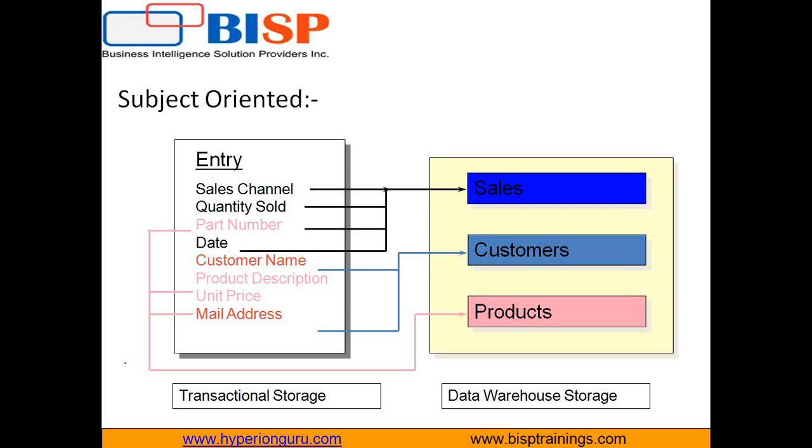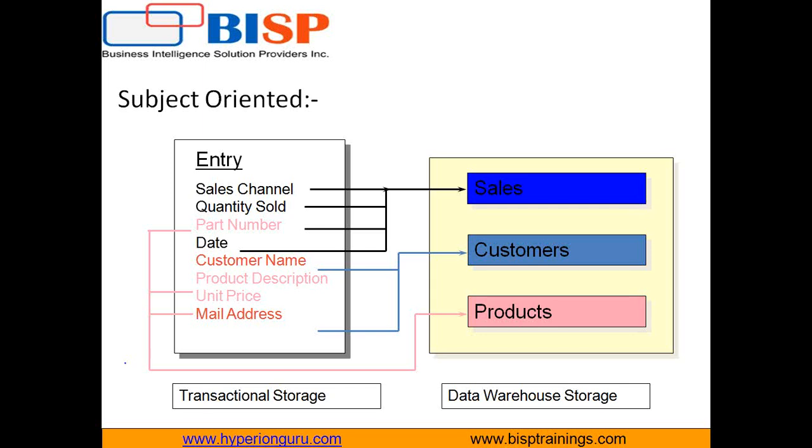Subject-oriented means you are classifying that information based on specific taglines. The first four items, sales channel, quantity sold, part number, and date, all specify a specific sale. So if I tag them to sale, it will be easy to identify those particular attributes.